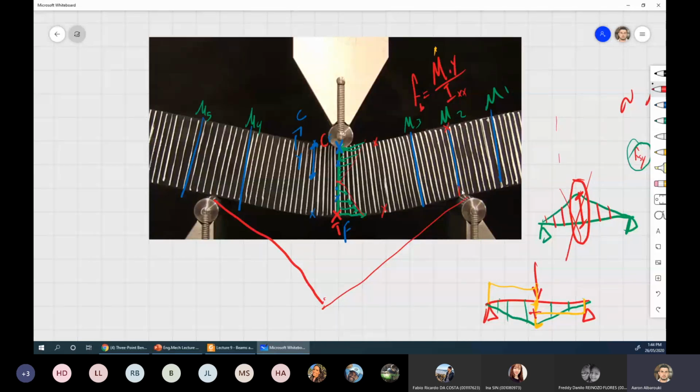That means you have to take it on the outside. If you want to take it in the center, that will be equal to 0, because again, the bending stress here will be like this. If you want to take it somewhere around here, we take that point there and we take the value y for that point.